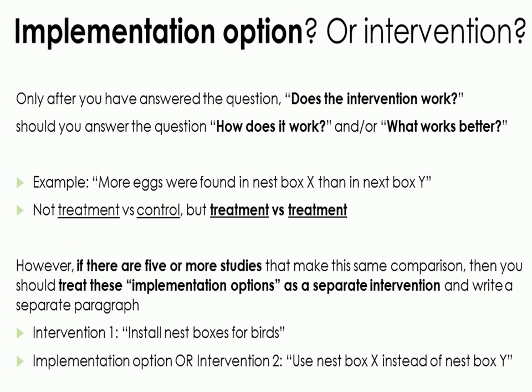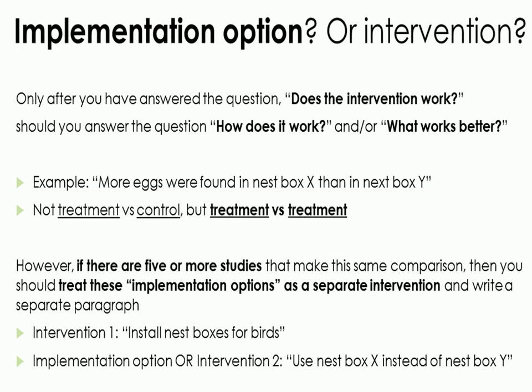Right, so once you've answered that main question about does the intervention work, when you look at the treatment versus control, you might have these other questions about how does it work. You might have comparisons of treatment versus treatment instead of treatment versus control. So an example here would be more eggs were found in nest box X than in nest box Y. This is not testing whether nest boxes work.